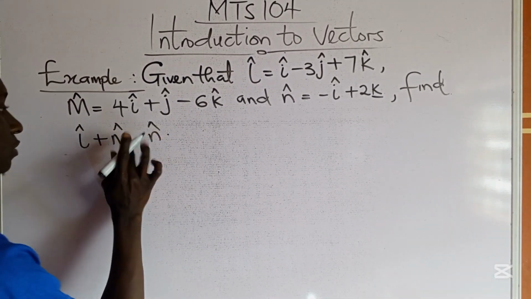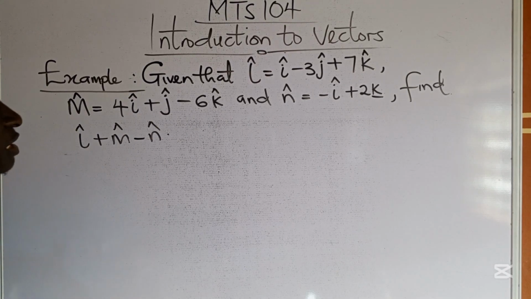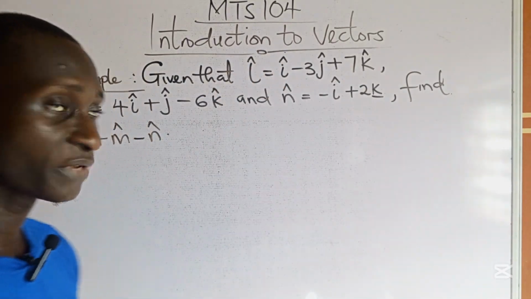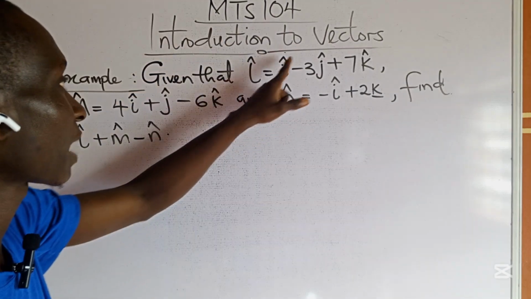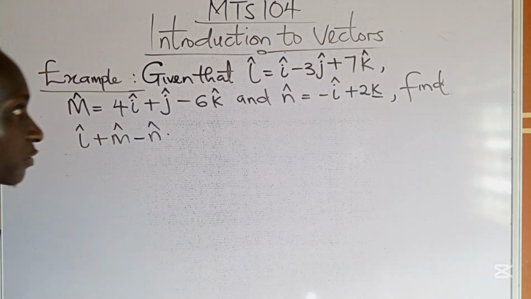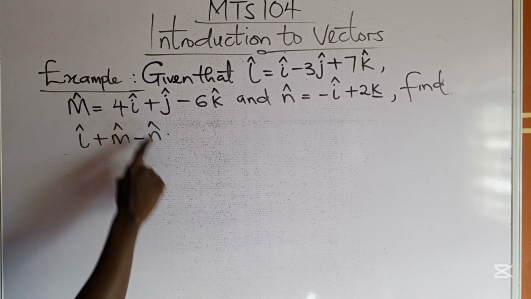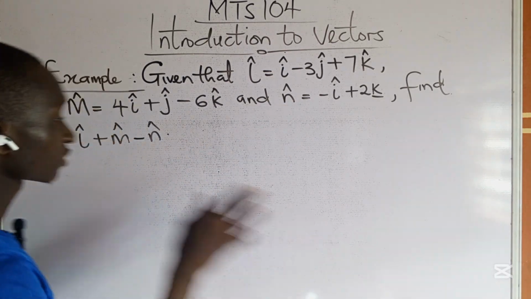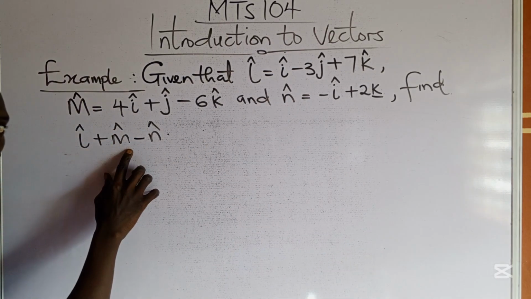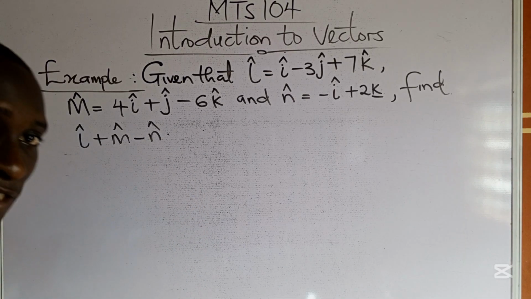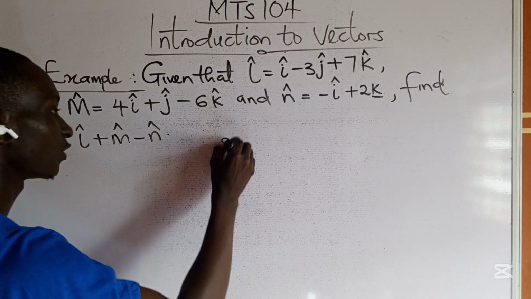Now the question says that, this is another way of representing the vector by using a cap head for each vector. Given that vector L is this, vector M is this, and vector N is this, the question says we should find L plus M minus N. Now how do we do this? It's as simple as we've done the previous.